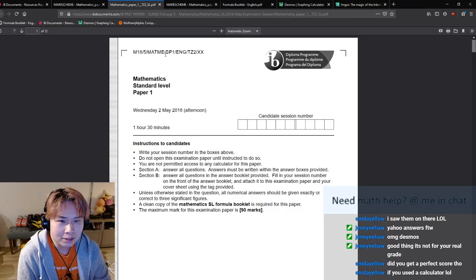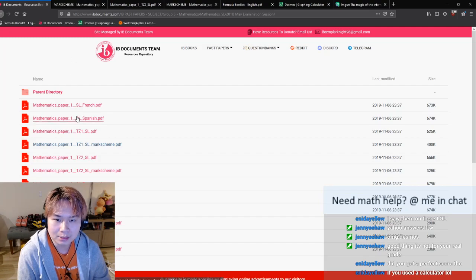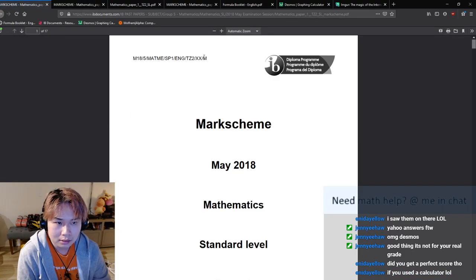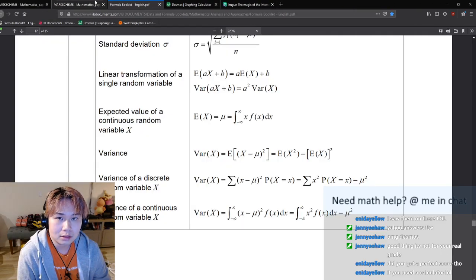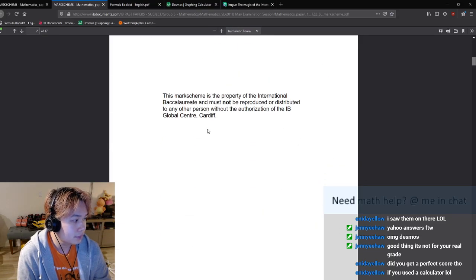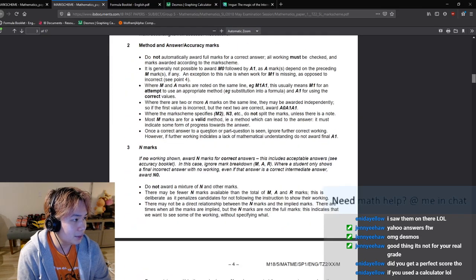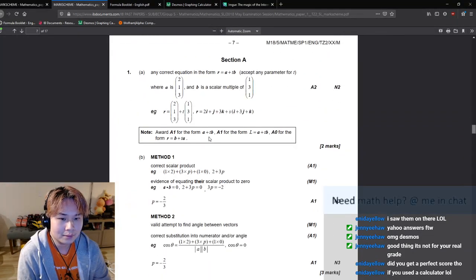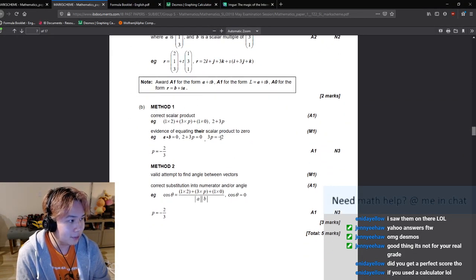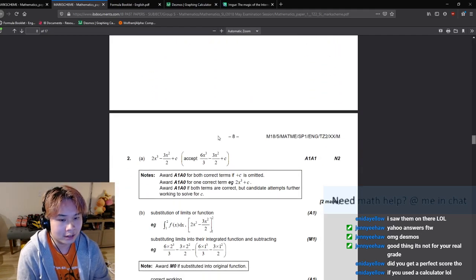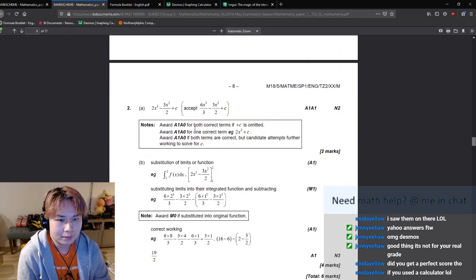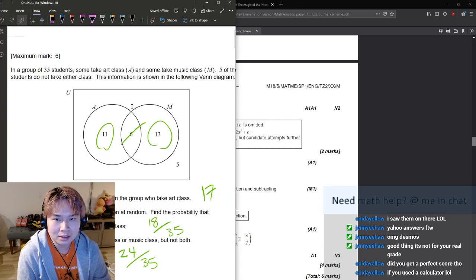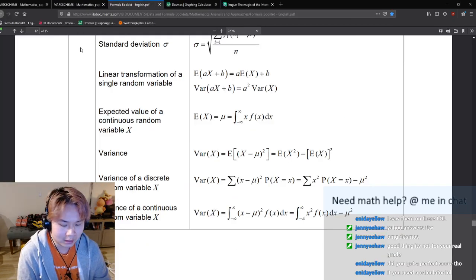Wait, what the heck is going on? Oh my gosh. Time zone 2. Did you get a perfect score? I don't know. I better. Okay, I skipped the first one because this is vectors, and that's out of the curriculum. But then this isn't the same question that I did. What is going on?